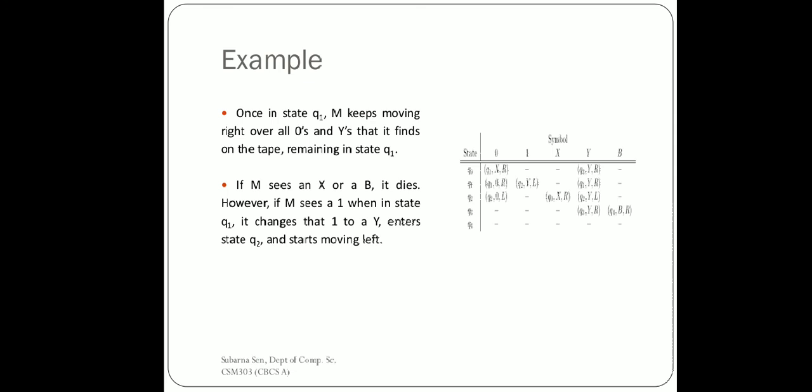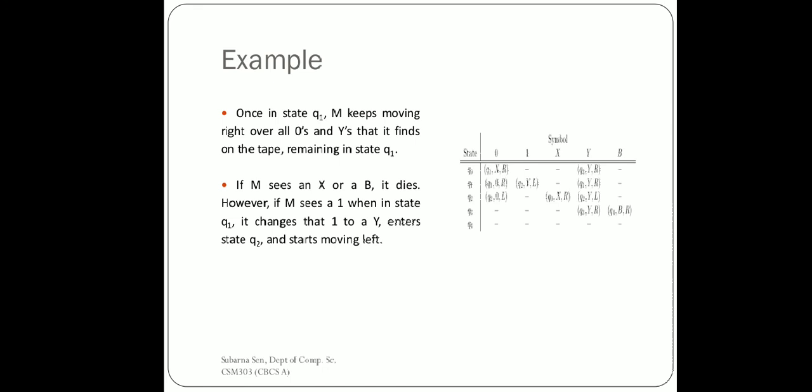Now in this state it is not going to change any zeros. If it finds a 0 at q1, it is not going to replace it, because the job of q1 is to replace 1 with y and not 0 with x.